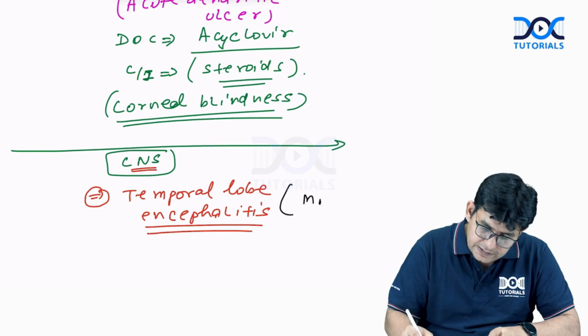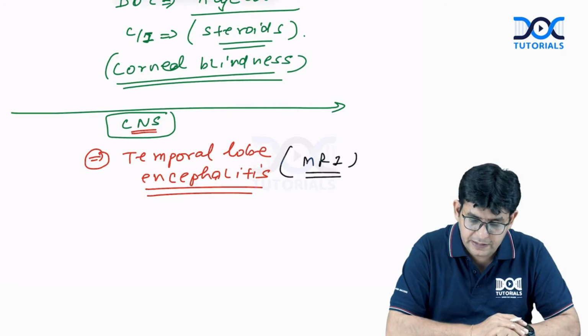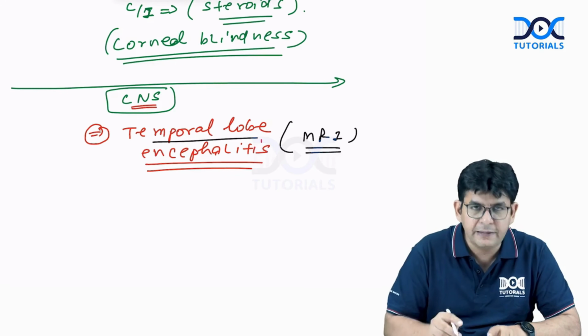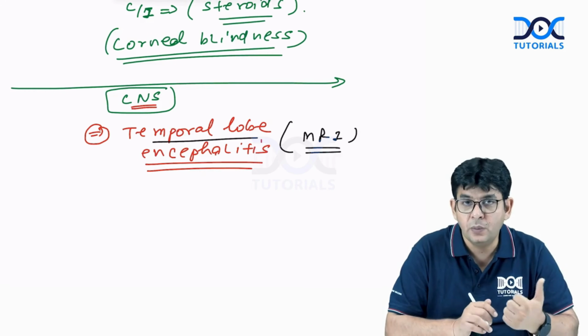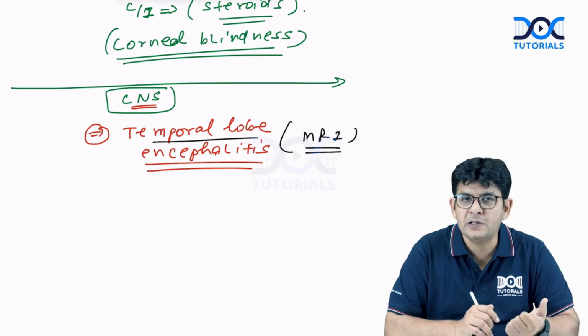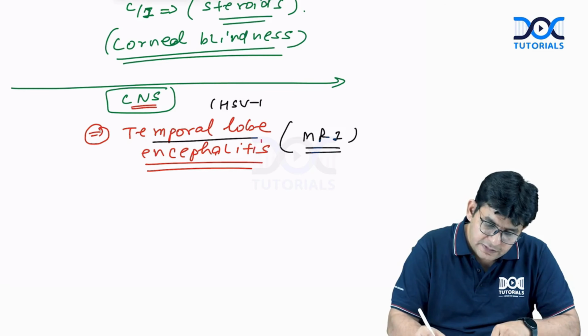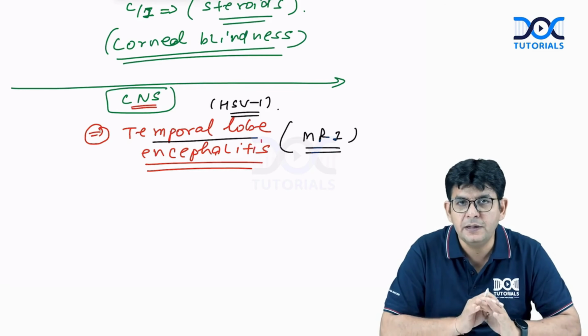You will observe this on MRI, which particular lobe is involved, and it causes temporal lobe encephalitis. And you should know that herpes simplex virus 1 is one of the common causes of encephalitis. In fact, some say it is the most common cause, HSV1. And mainly which lobe is involved? Temporal lobe.